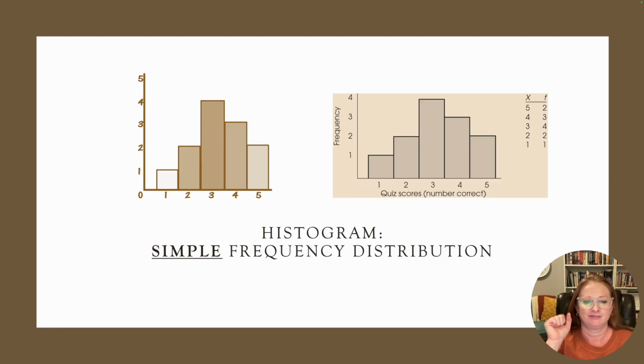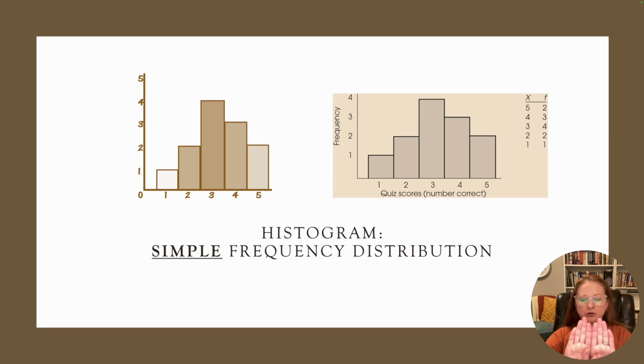Okay. Histogram. These are examples of a simple frequency distribution using a histogram. With a histogram, do you notice how the bars are slammed up right next to each other? So this indicates that one goes right into the other.